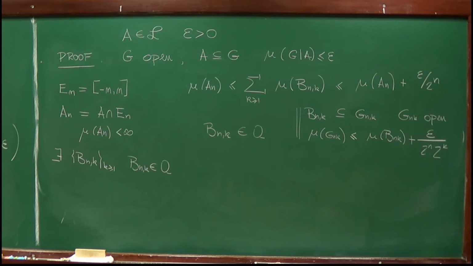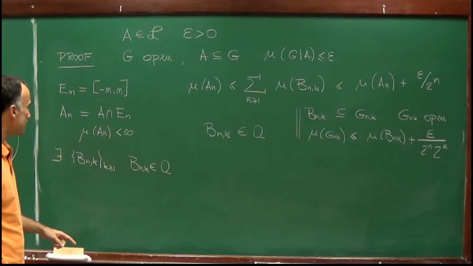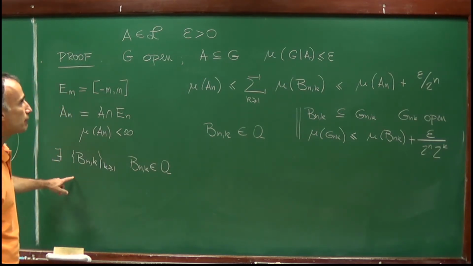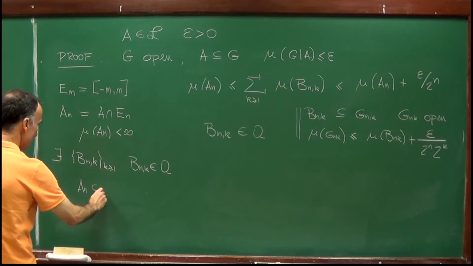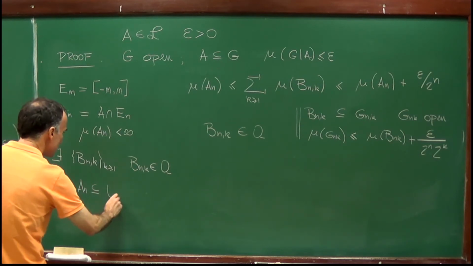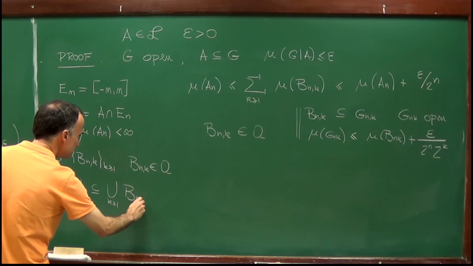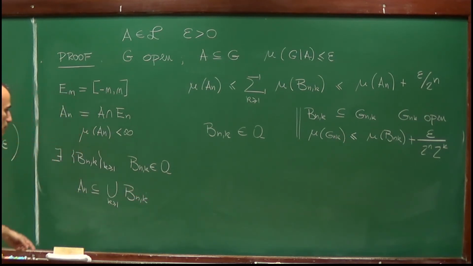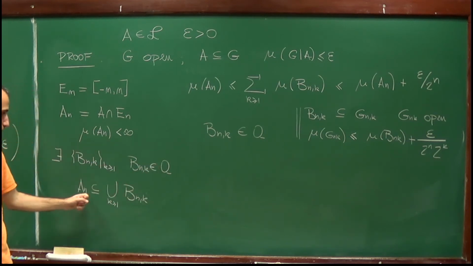Right, now my first observation is that, since I erased it, I shouldn't have erased it, but since A_n is contained in the union of B_{n,k}, right? So this was one of the properties of B_{n,k}. B_{n,k} were elements of the algebra, and their union contained A_n.